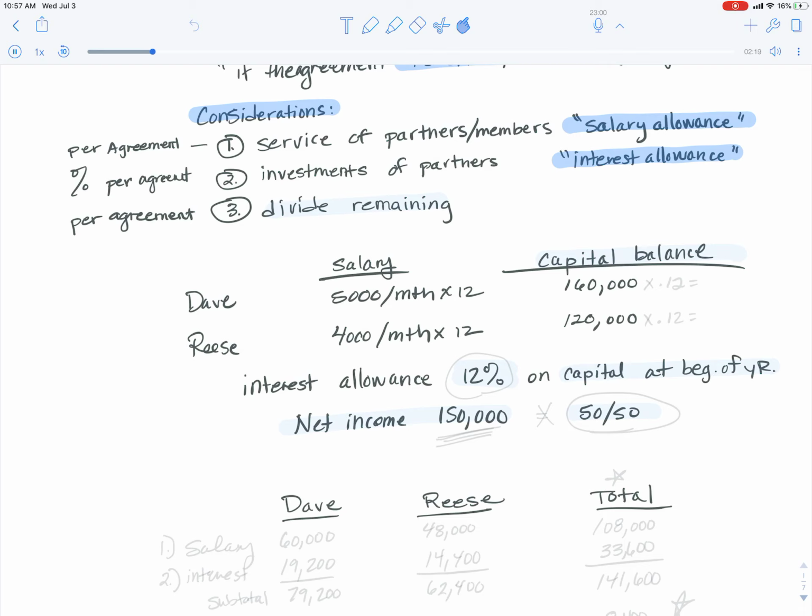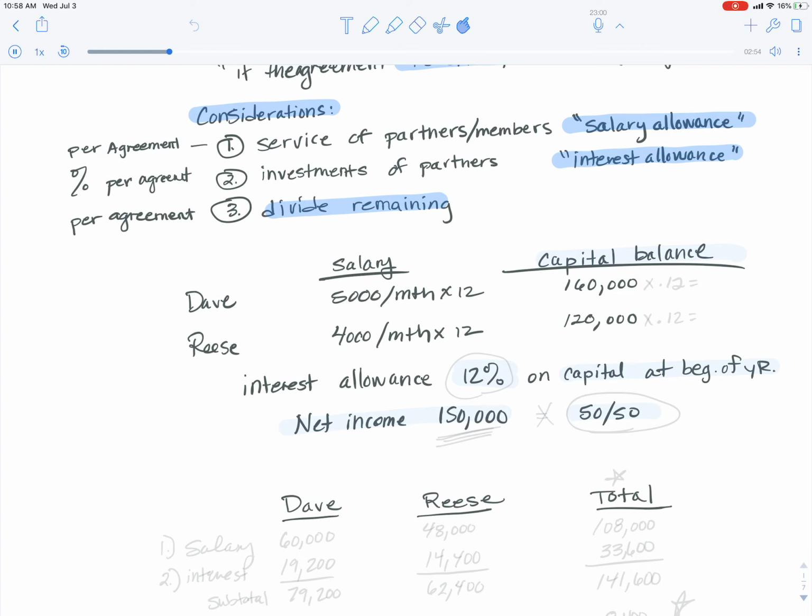So we're going to pay these partners interest on that capital account balance that they paid in, and they get some interest in return for the partnership having some of their money. And then anything left over, we're going to divide according to how the partnership agreement says. If the partnership agreement says everything's divided 50-50 after the allowances, then that's what we'll do. But it could be 60-40, it could be 20-80. Whatever the partnership agreement says is how we divide it.